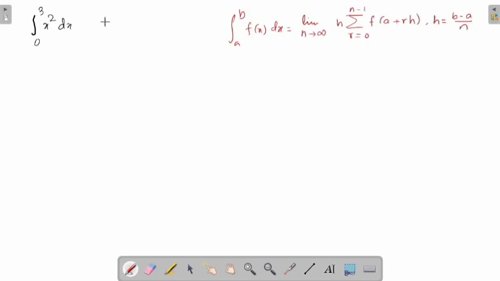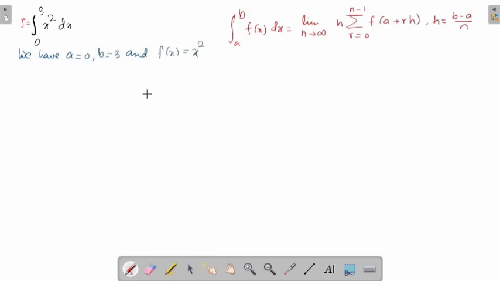Okay, so if I call this integral I, what I can do here is, we have a equals to 0, the lower limit, right? The upper limit, that is b, is equal to 3, and the function is f(x) equals x squared.